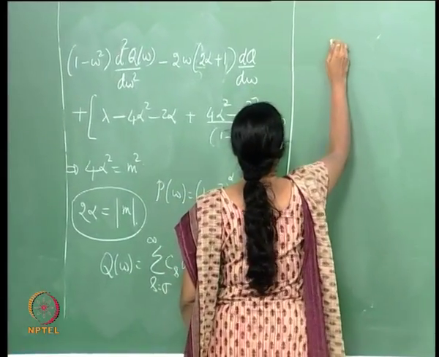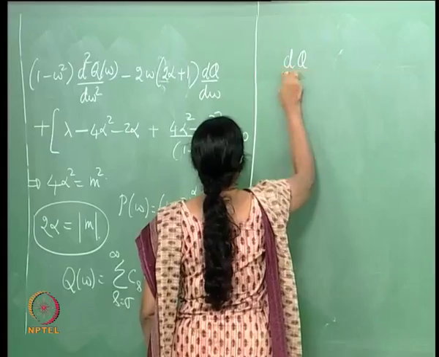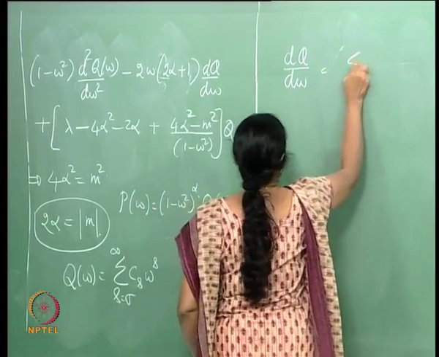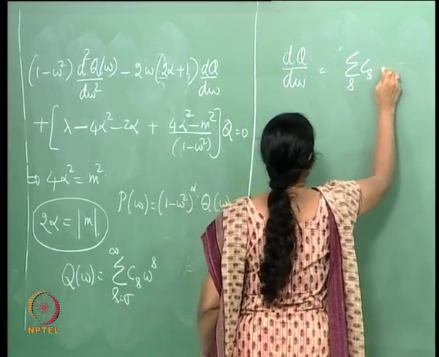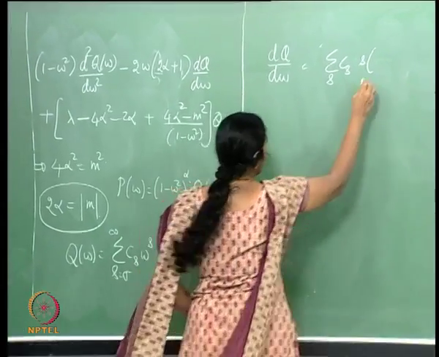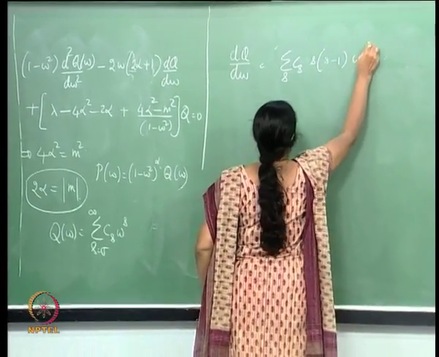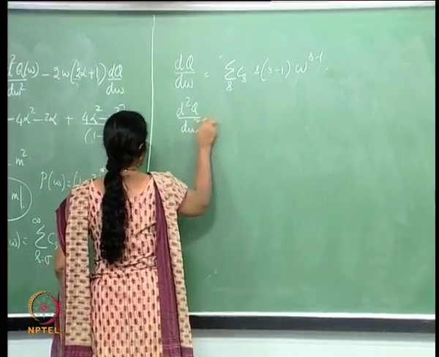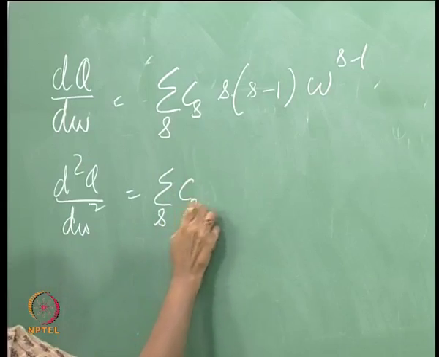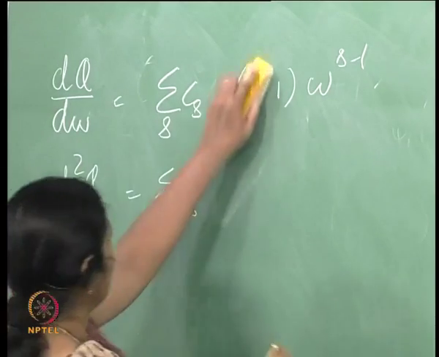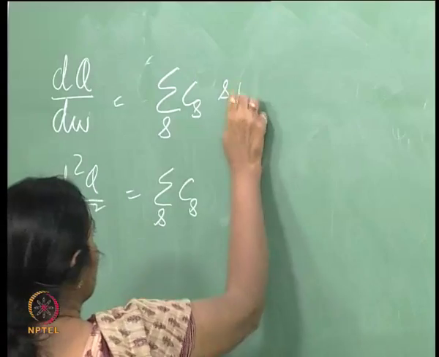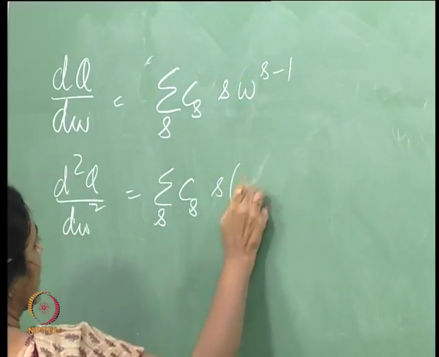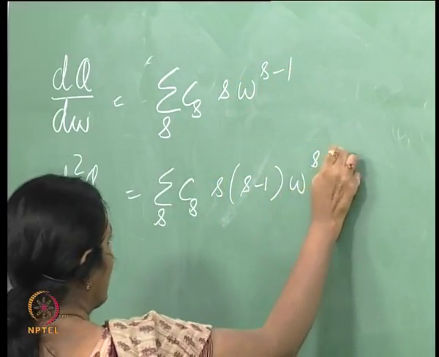So when I substitute there, dq by dw is the summation over s of C_s times s times w to the s minus 1, and d2q by dw squared is the summation over s of C_s times s times (s minus 1) w to the s minus 2.